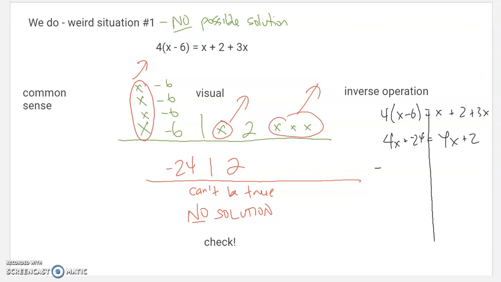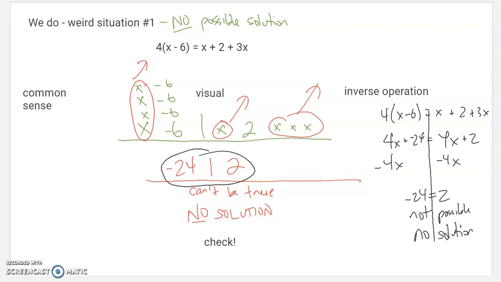Not going to work. So my instinct would be to take 4x away from both sides, and I get negative 24 is equal to 2. No, it's not. This is not possible. Doesn't make any sense, so there's no solution. So that's weird situation number one. You may run into equations where you end up with something crazy that doesn't make any sense mathematically, and that means there's no solution.